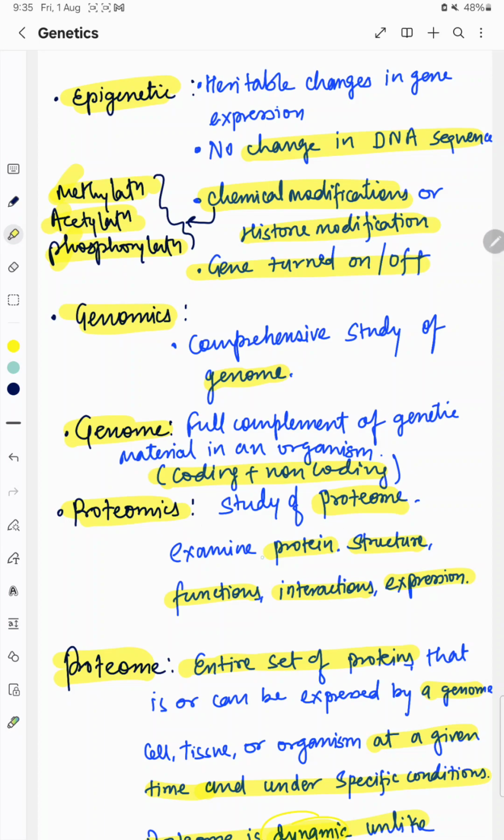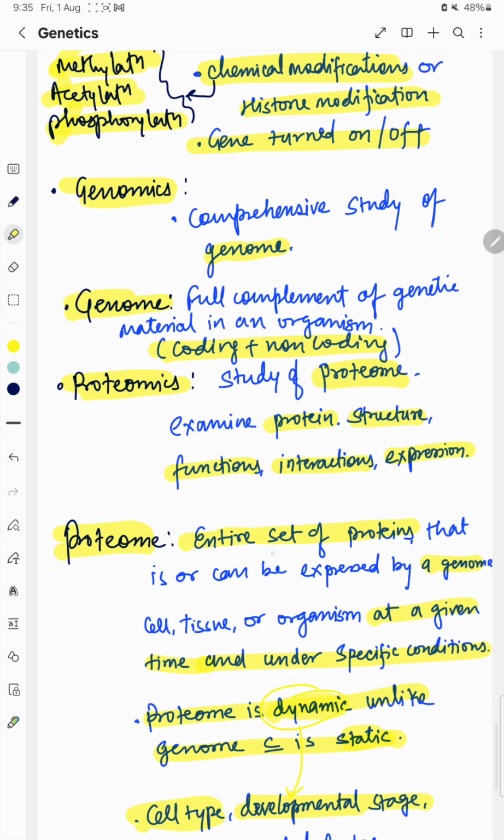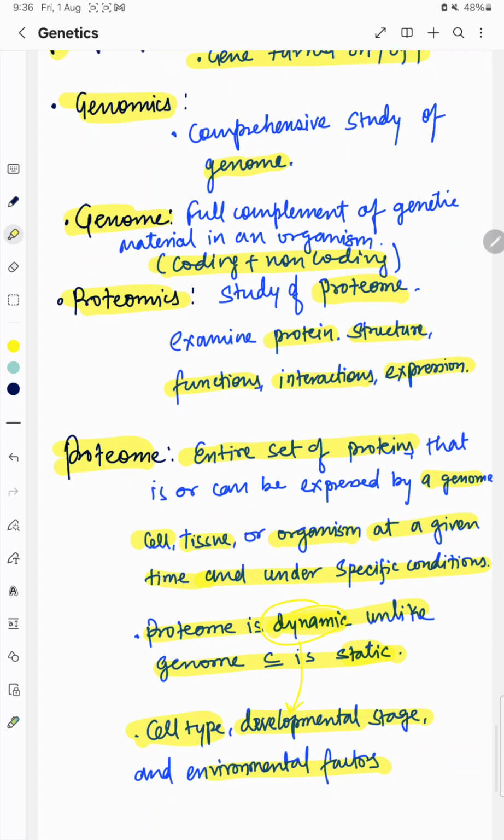Proteomics is the study of the proteome, which examines protein structure, function, interaction and expression. The proteome is the entire set of proteins that is or can be expressed via a genome, cell, tissue or organism at a given time under a specific condition.